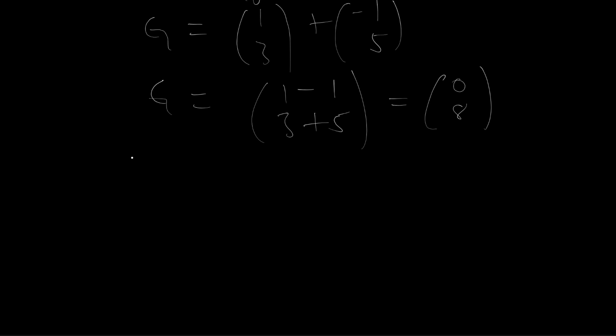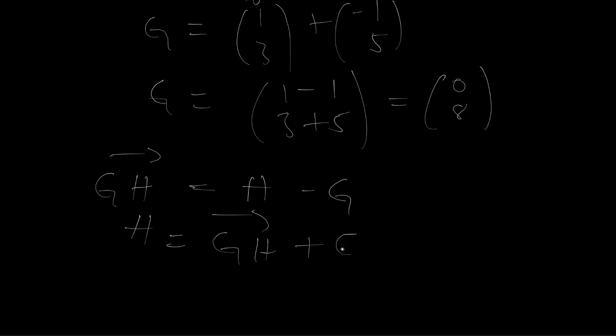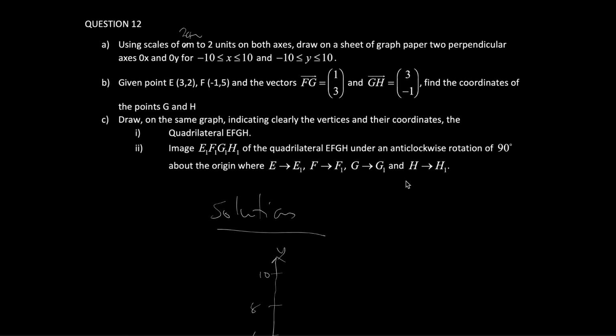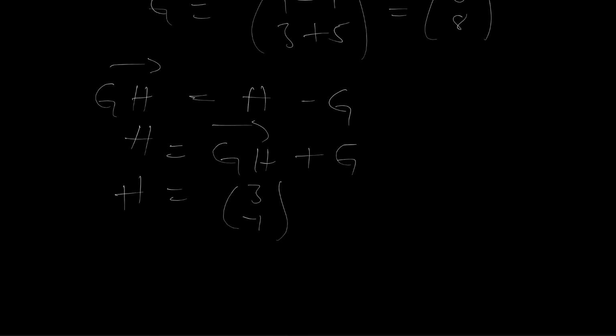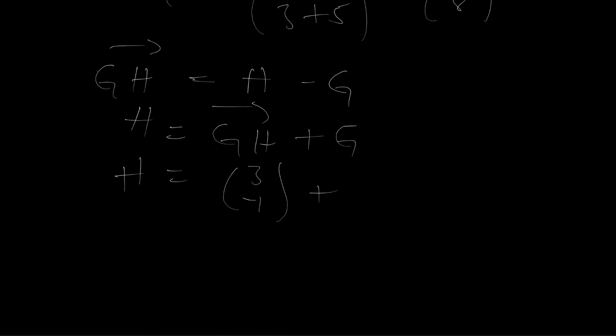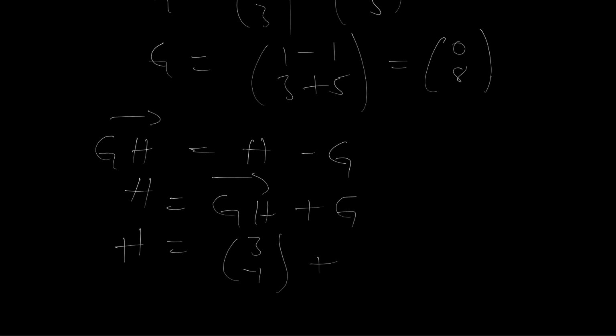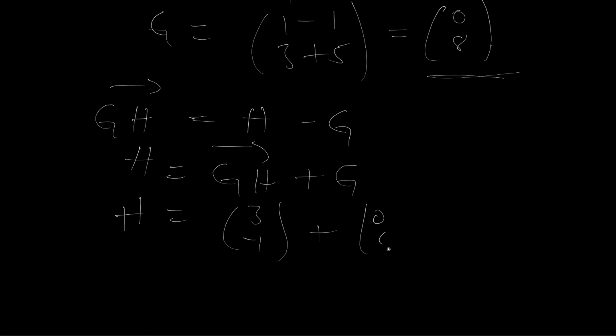Okay, so our GH is H minus G, and H will be equal to GH plus G. So GH is (3, -1) from here, plus our G, which is (0, 8).